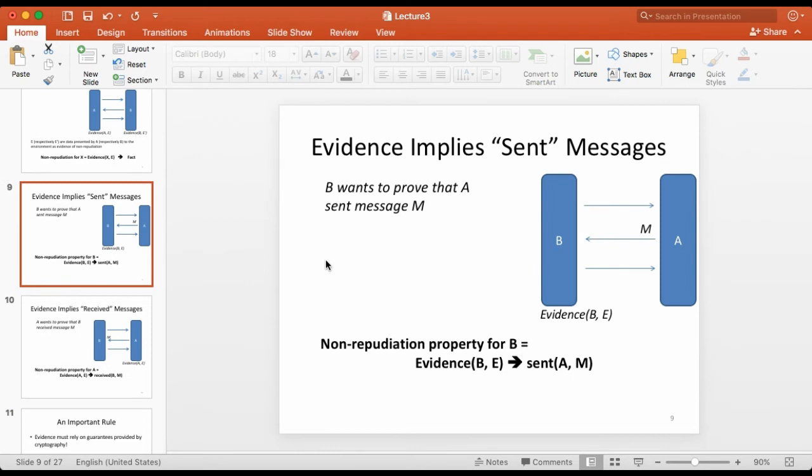So as such, we narrow down the definition of evidence as, first of all, evidence that implies that certain messages were sent.